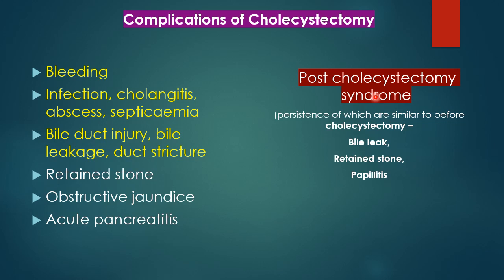They usually include dyspepsia, vague pain in the right hypochondrium, belching, and the patient feeling very uncomfortable after a heavy meal. A number of causes have been implicated in these vague symptoms, such as minor bile leaks, retained stone, and papillitis, which are some of the causes that have been postulated.